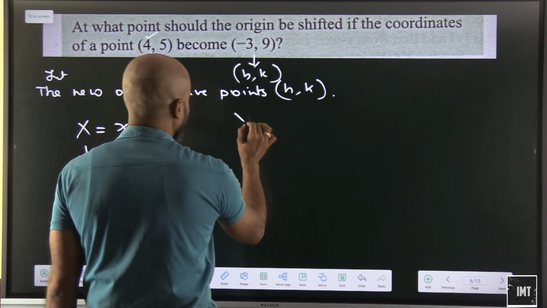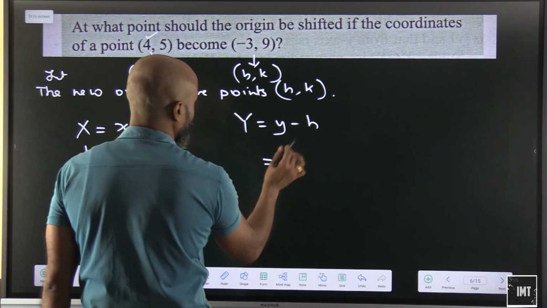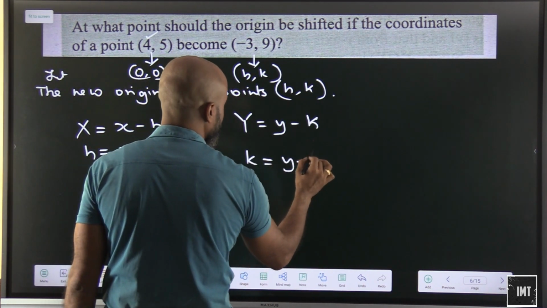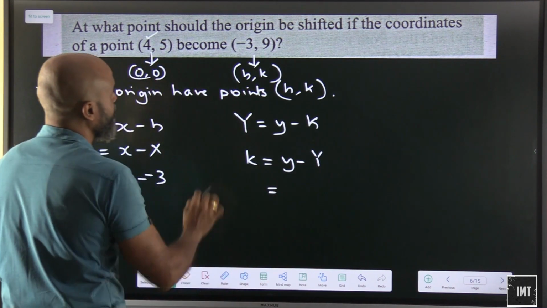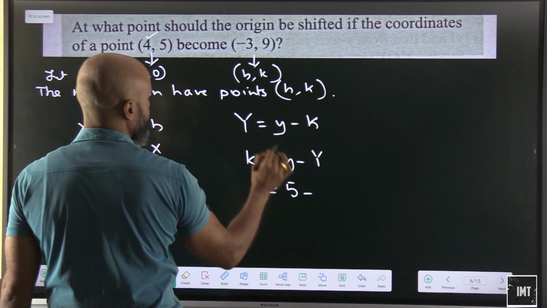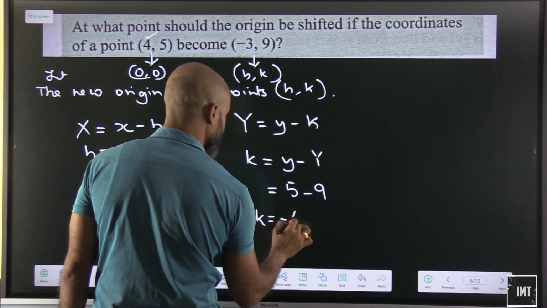And similarly capital Y is equal to small y minus k. So if we transform the k, this will be small y minus capital Y. Small y has a value of 5 and capital Y has a value of 9. So k will be equal to minus 4.